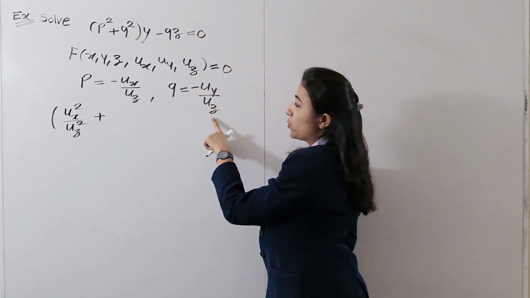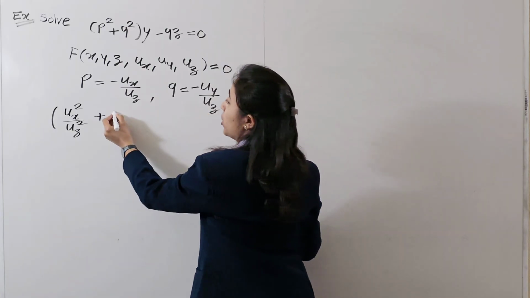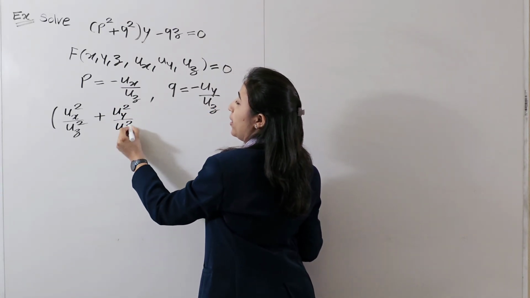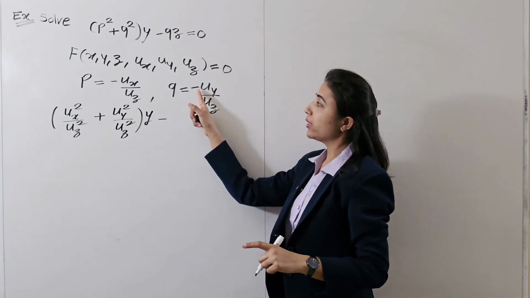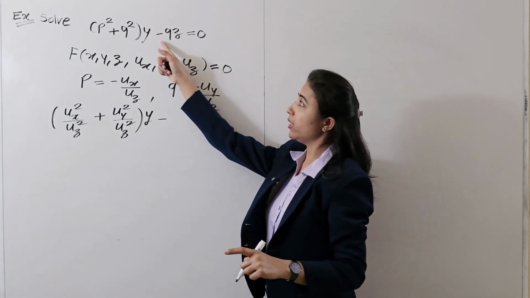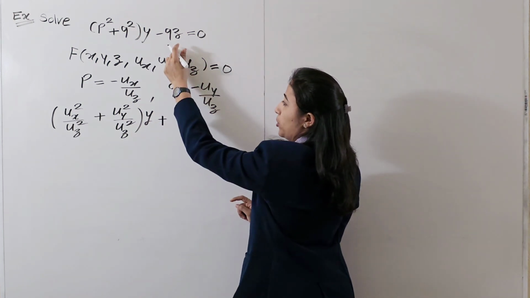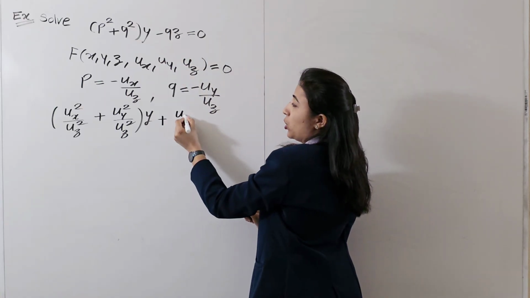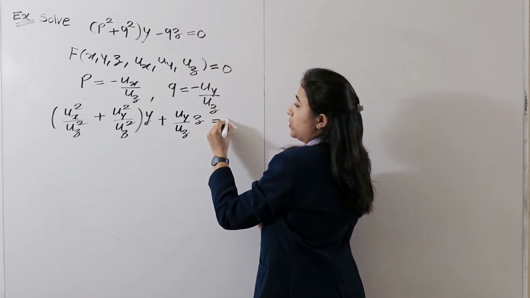Again take the square of this term, negative term squared becomes positive, so it becomes uy square divided by uz square into y, minus q. Again here there is a negative term and here also it is a minus, so minus of minus becomes a plus when we put the value of q. So it is already negative, that's why minus of minus plus uy divided by uz into z equal to 0.